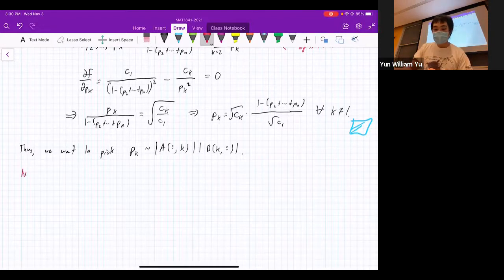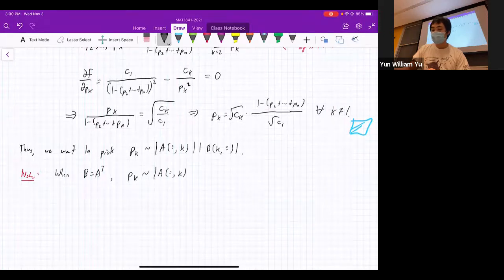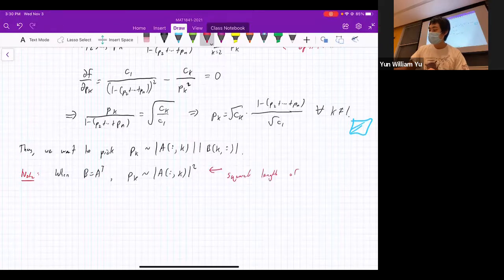So, well, let's just start by noting there's a very simple case. When B is equal to A transpose, then that just means that pk is proportional to the squared length of the kth column.